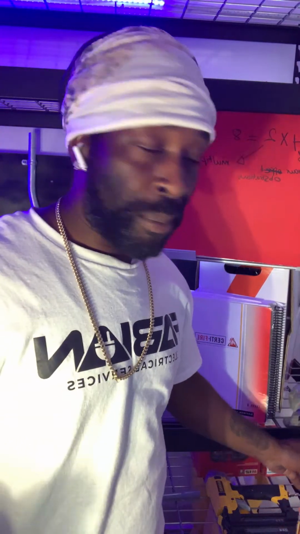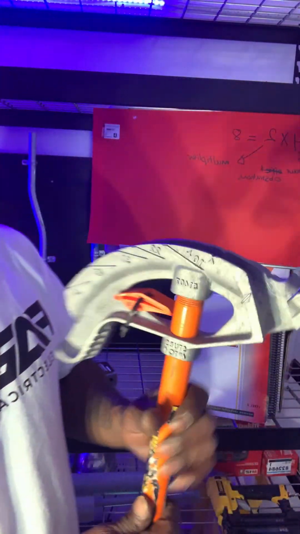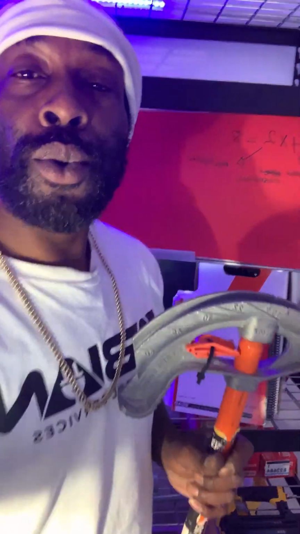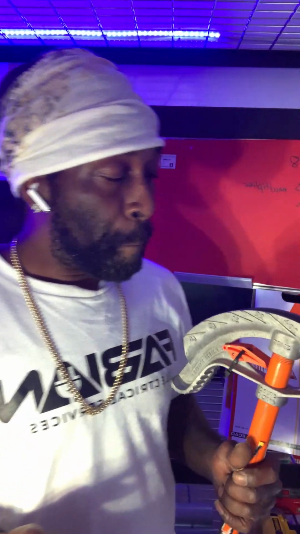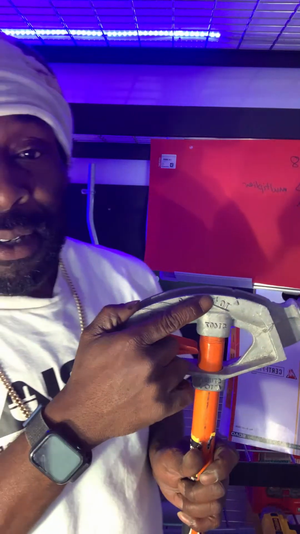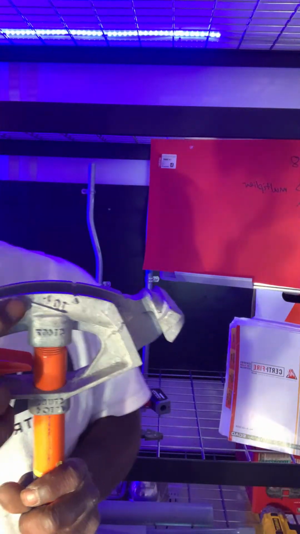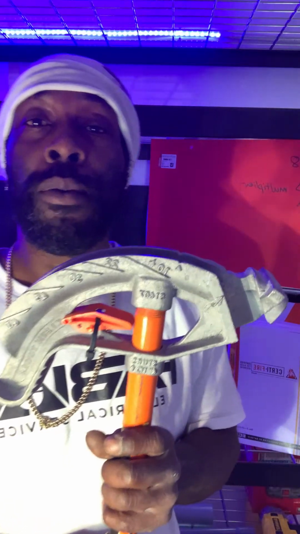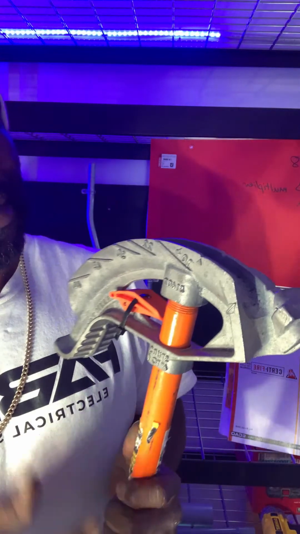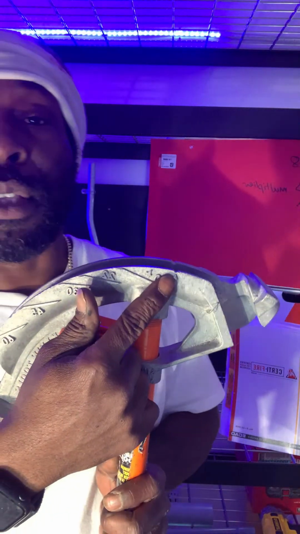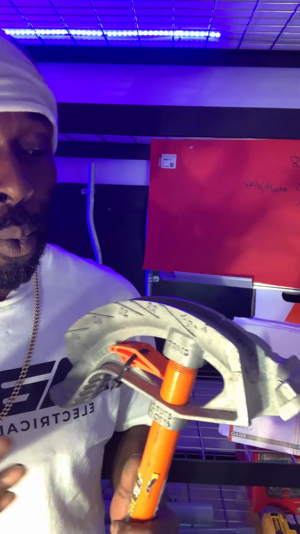So I'm going to explain to you what the star is used for. Here we have the star on the bender. Many of you might not be aware that we do use the star on the job site.